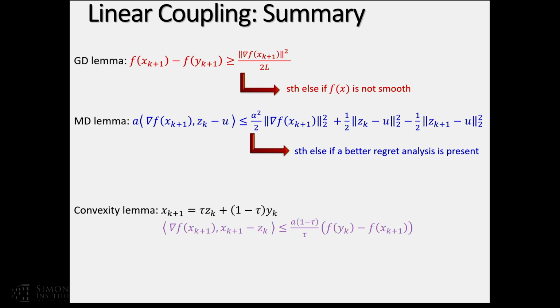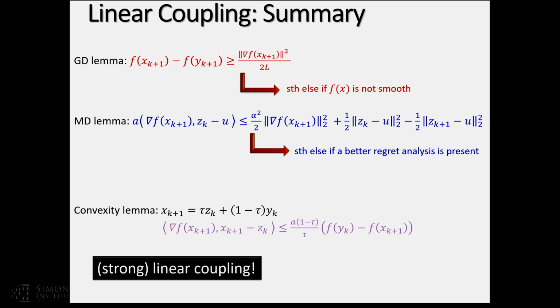We even have a paper that tells you how to design the best possible mirror descent for a specific problem, which I'm not going into the details of. Now the beautiful part about linear coupling is that whenever you design a gradient descent or mirror descent, the same ideology, the same idea of combining the two methods still works. You can still use linear coupling to combine them, and very likely you're going to break some state of the art and get an even faster running time.